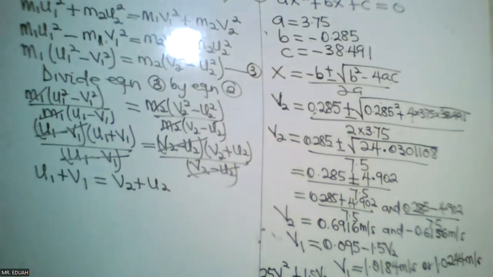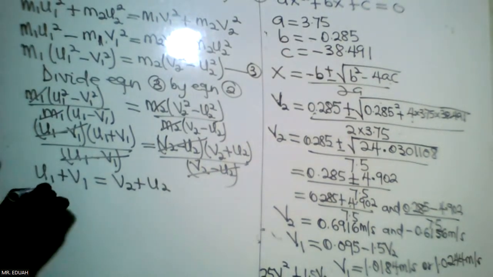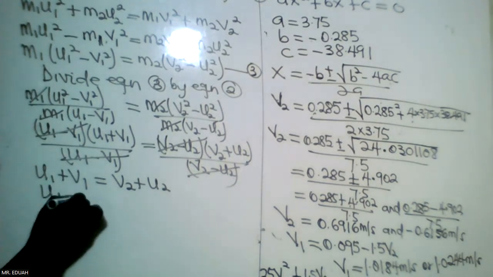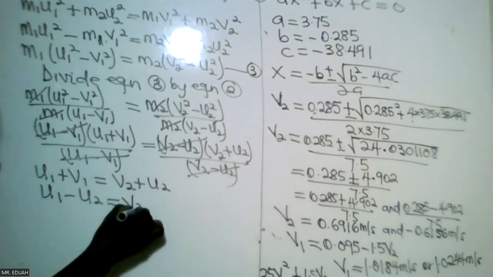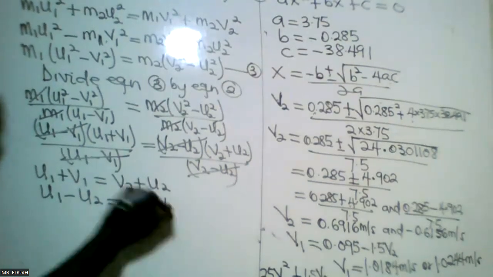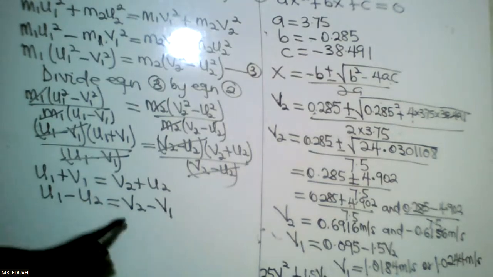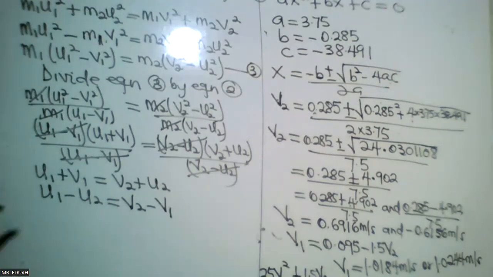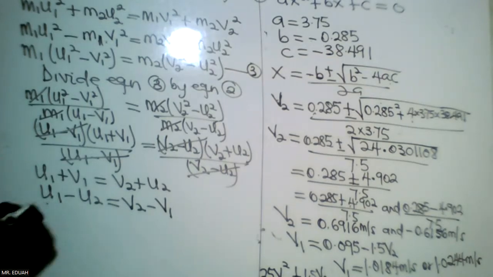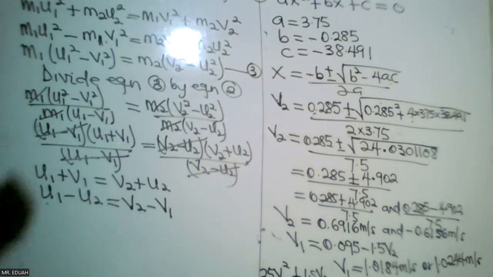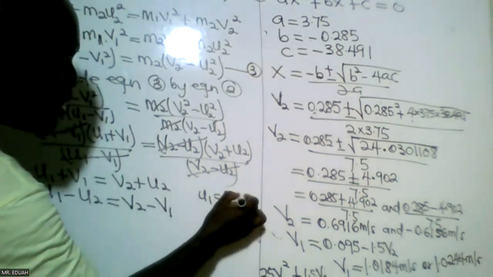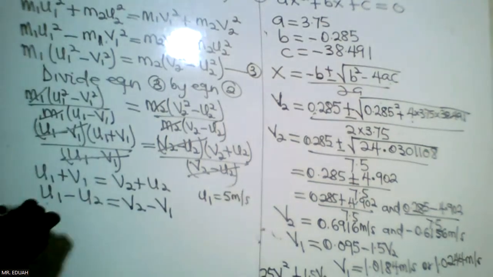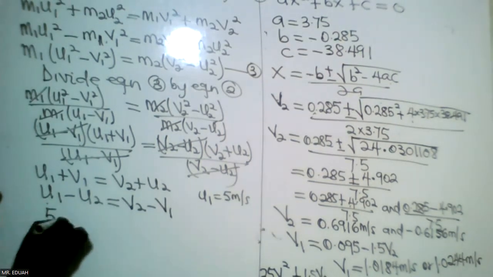Group all the U's and then V's. So U1 minus U2 equals V2 minus V1. You can even use this without the coefficient of restitution thing. U1 was given to us as 5 meters per second. So this is 5.